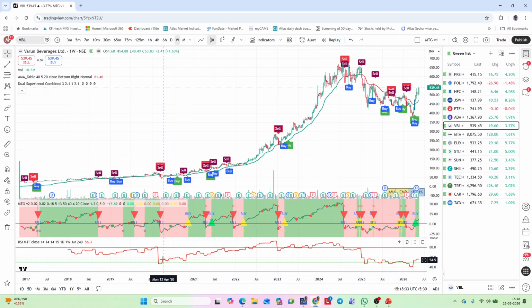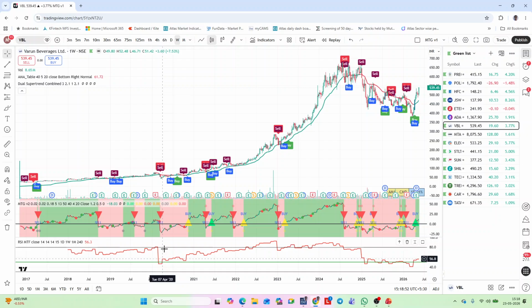If you see here, it goes below 50 and then crosses above 50 from below. That's where I would say stage 2 of a stock will start.